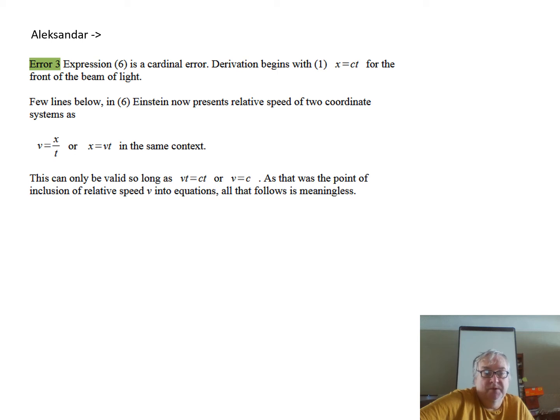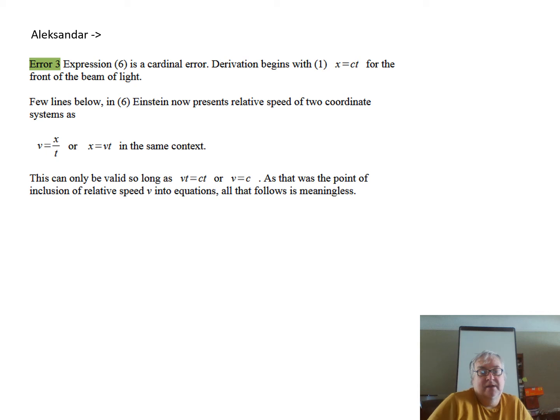A few lines below, in equation 6, Einstein now presents relative speed of two coordinate systems as v equals x over t, or x equals vt in the same context. This can only be valid so long as vt equals ct or v equals c. As that was the point of inclusion of relative speed v into the equation, all that follows is meaningless.